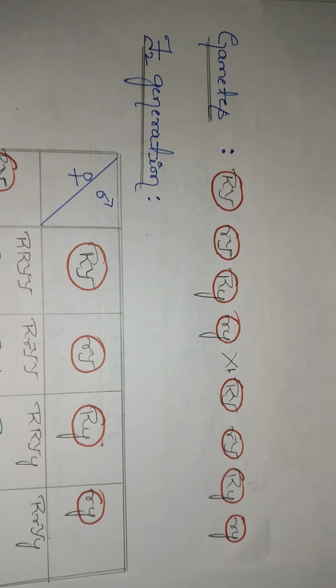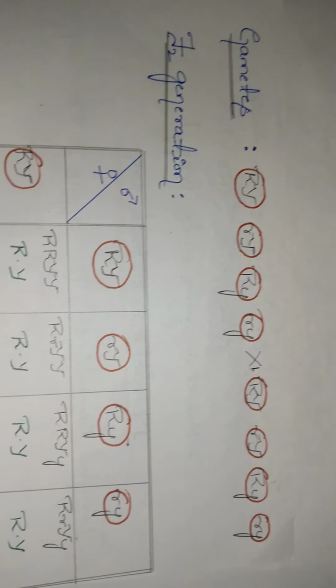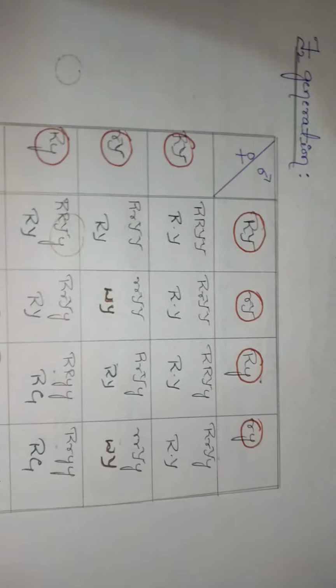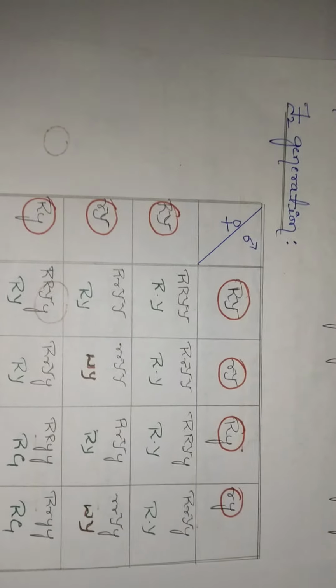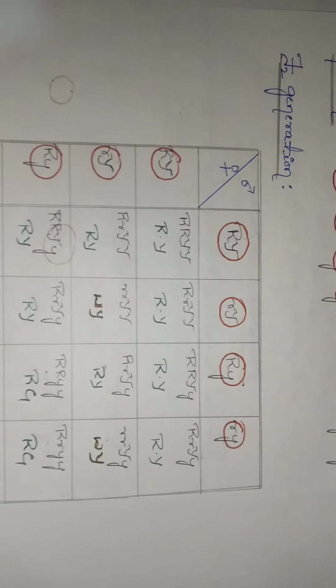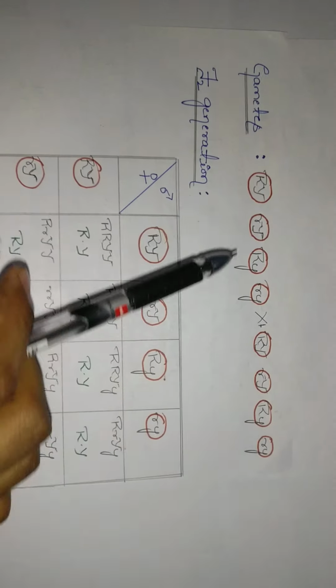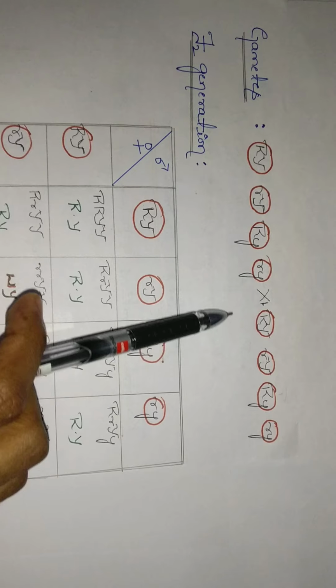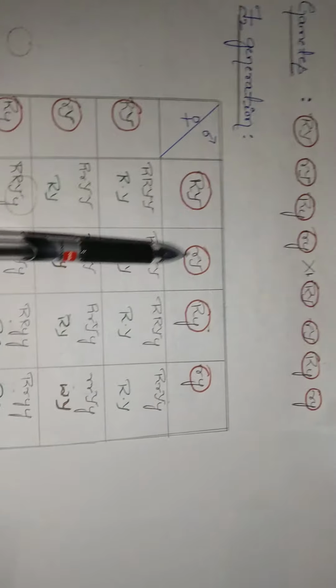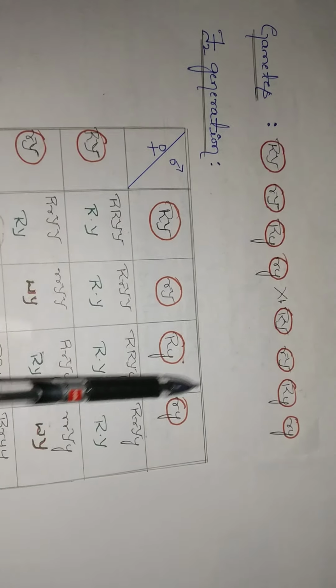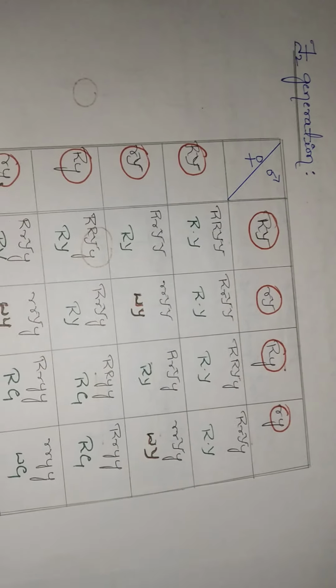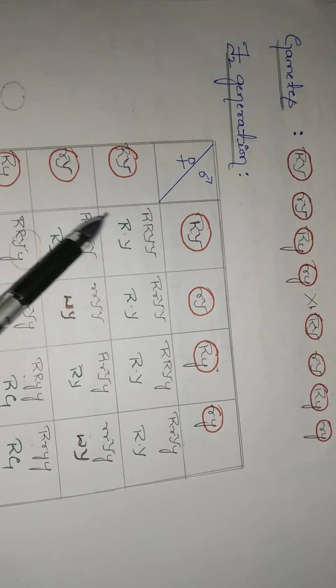So after the formation of these gametes over here, they should undergo cross fertilization between these gametes, right? So for the F2 generation cross fertilization, due to the presence of so many gametes, here we can take the help of a Punnett square, such that the male gametes are arranged over here, then the female plant gametes are arranged over here, such that the cross fertilization takes place.